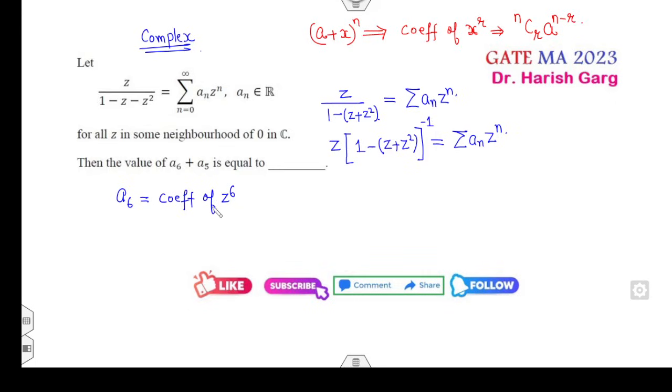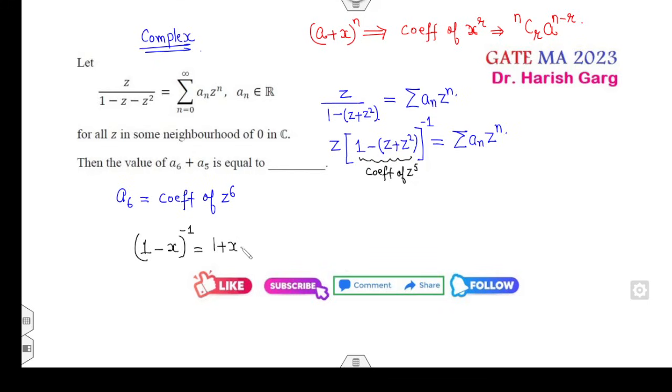Then how can you find the coefficient of z raised to power 6? So first of all, to get z raised to power 6, that term must be my coefficient of z raised to power 5, क्योंकि बाहर एक z तो लिखा ही हुआ आपके पास. क्लियर. तो अब z की पावर 5 कब बनेगी आपके पास सीरीज? ओके. What is the expansion of 1 minus x raised to power minus 1?